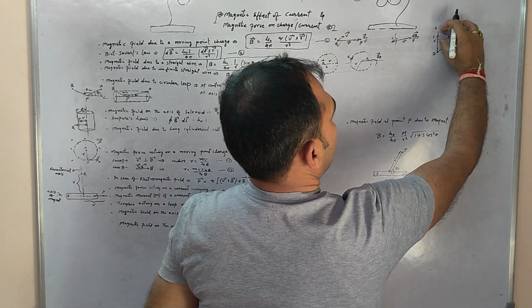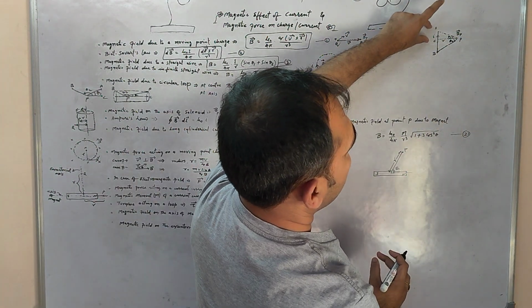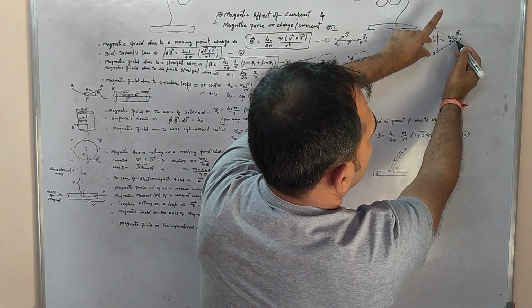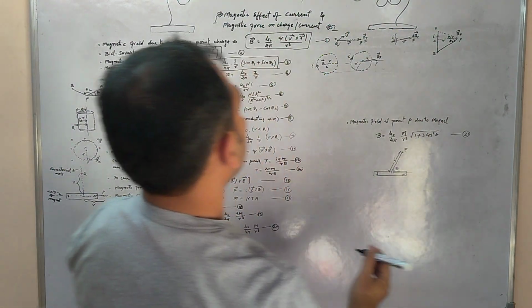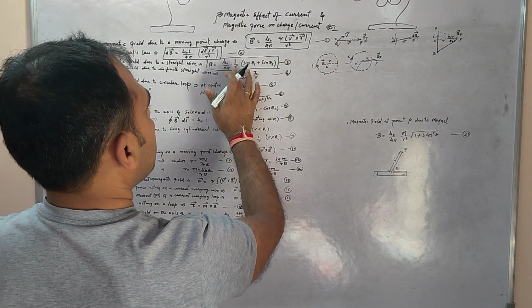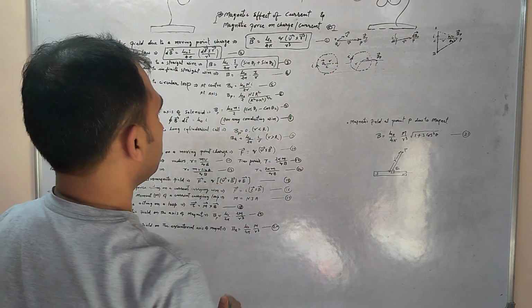So this is theta 1, the upper part, and the lower part is theta 2.